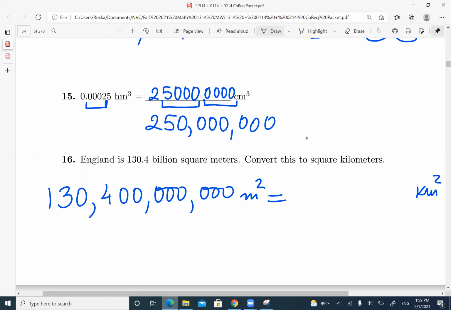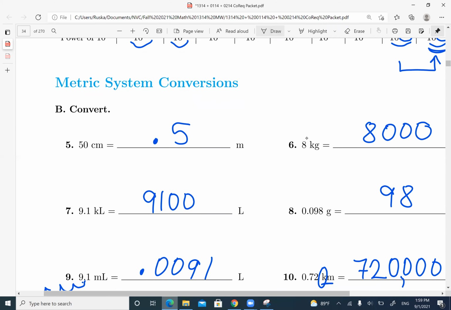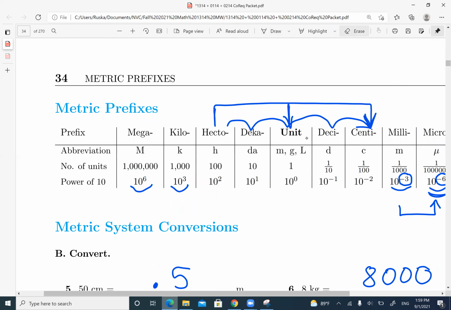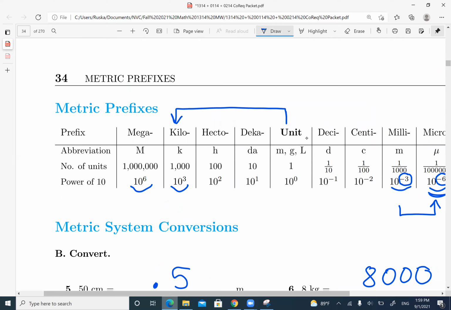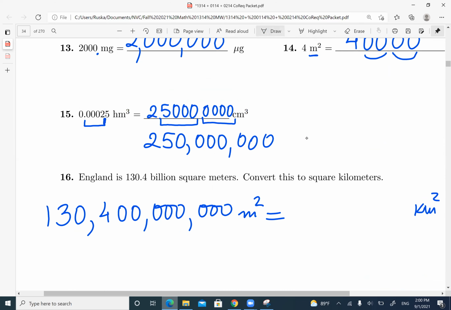So let's look at the table. You're going from meter to kilometer, so we're going to the left. How many steps? Let's see. From meter to kilometer, how many steps to the left? 1, 2, 3 steps to the left. So we're doing 3 steps to the left. That means you're going to move the decimal 3 places to the left once and 3 more to the left because it's a square.